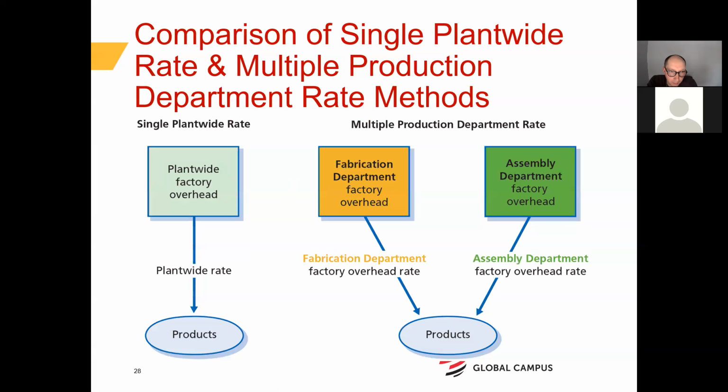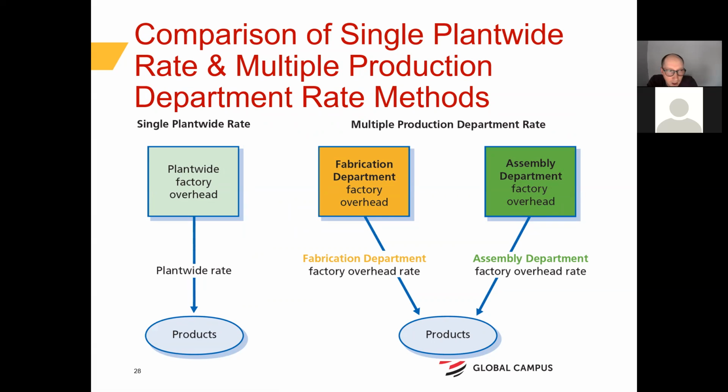So what we learned about earlier is the single plant-wide rate method. It's one rate for the whole company. Using the multiple production rate method, we have individual rates for each individual department. In our example, as we're manufacturing snowmobiles and riding lawnmowers, we have two different departments that do that work: the fabrication department and the assembly department.